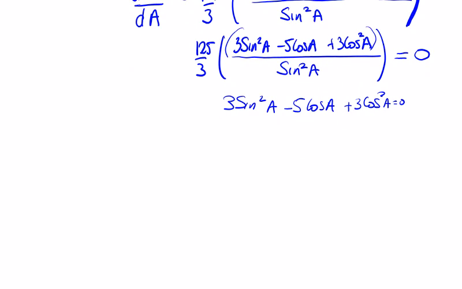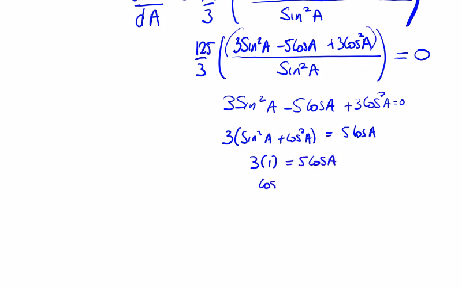So you can see where this is going now. 3 by sine squared A plus cos squared A would have to be equal to 5 cos A, bringing the 5 cos A across. So 3 by 1 is equal to 5 cos A. Cos A is equal to 3 over 5.